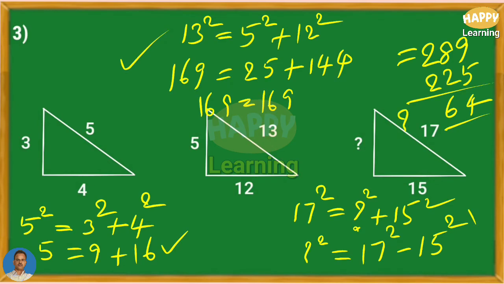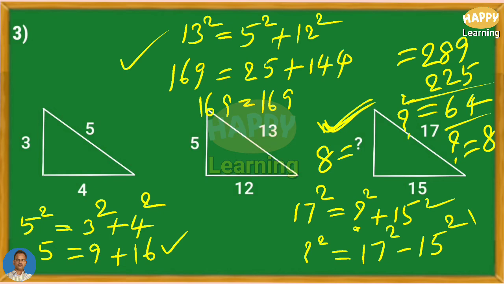So question mark square is equal to 64, question mark equal to 8. So here the answer should be 8. So this is the answer. In place of question mark there should be 8.